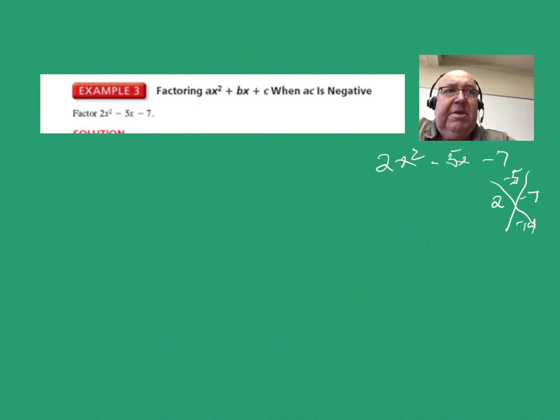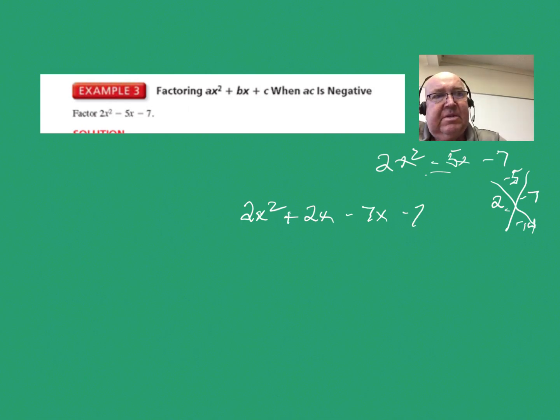So now I can rewrite the equation: 2x squared. Remember, we're going to split the negative 5 with these two numbers here, plus 2x minus 7x minus 7. Split it in the middle.